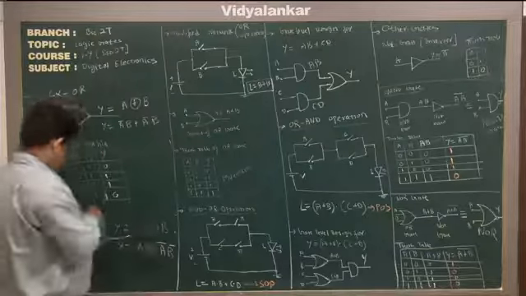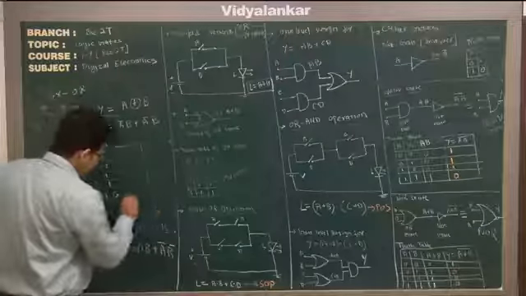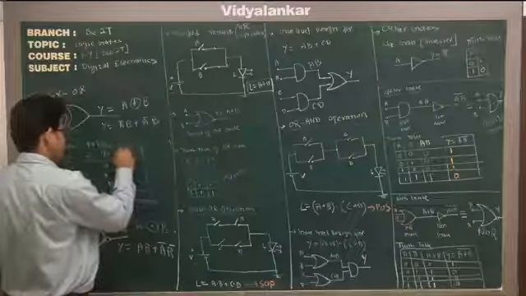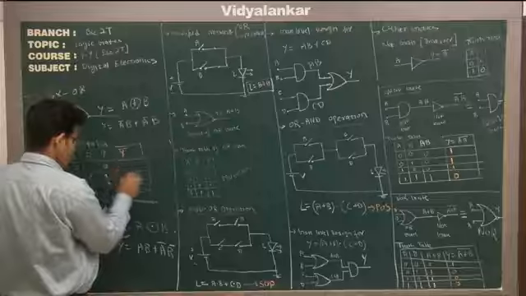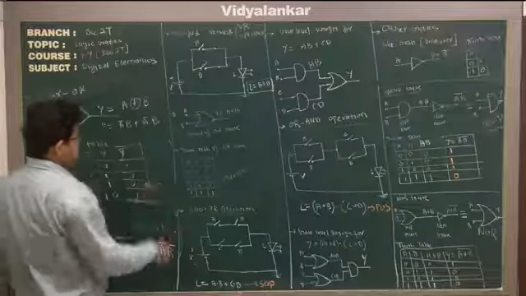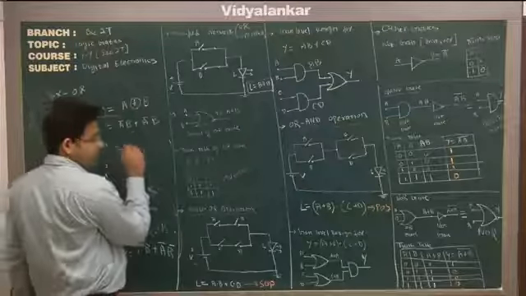And truth table, no need to draw truth table again. If you take a Y bar here, that is 1, 0, 0, 1. This will be truth table for XNOR.